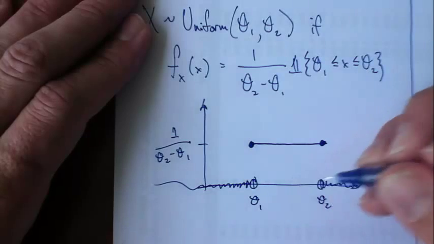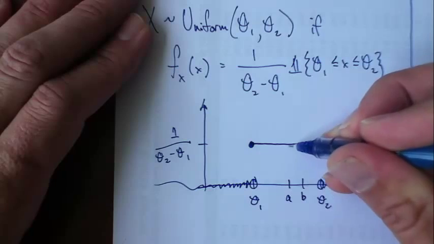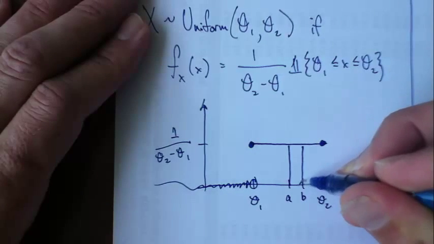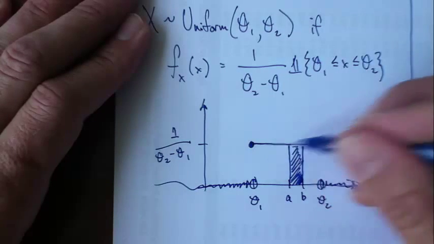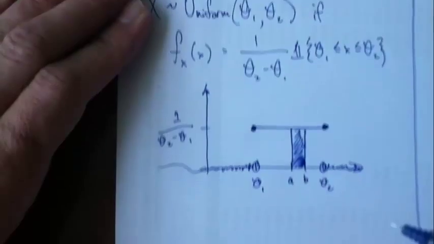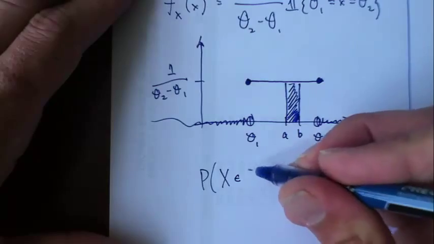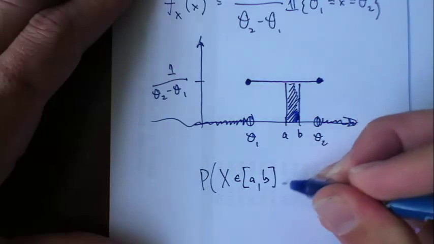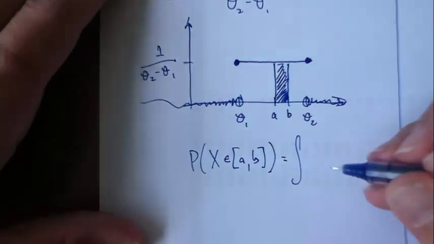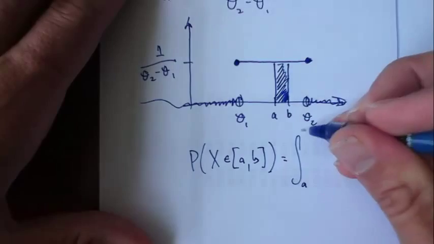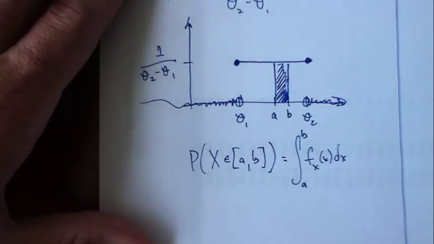Now, just like with any kind of continuous random variable, the chance that this uniform variable falls between two marks A and B is simply going to be the area bounded by the density function between A and B, right? So, if I wanted to write the probability that x is between A and B in that closed interval, this is just going to be the integral from A to B of the density function dx.